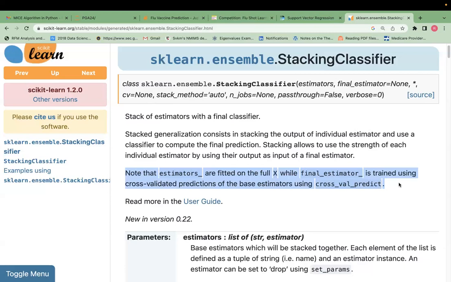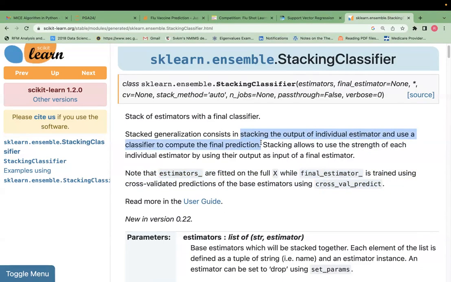You build multiple models at a single point of time. Instead of building individually, model by model, you build all the models in one iteration and find out which is the best fit model based on the accuracy score, and that will be your final best fit. This process we call stacking the output of individual estimators and using a classifier to compute the final prediction.